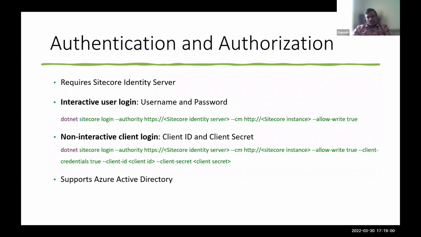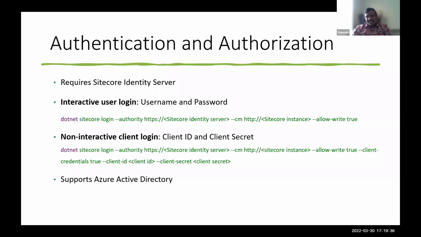So now we will see how we can do authentication and authorization to a Sitecore instance in the Sitecore CLI. Basically, the Sitecore CLI allows two flows of authentication and authorization. First, you need the Sitecore Identity Server to do any authentication or authorization. That's the first mandatory step, and it has two flows. Either you can do interactive user login, or we can do non-interactive client login.